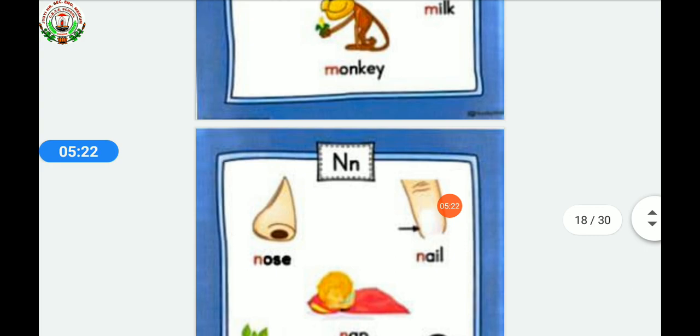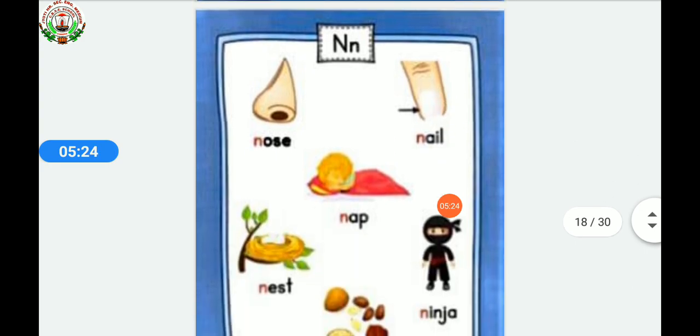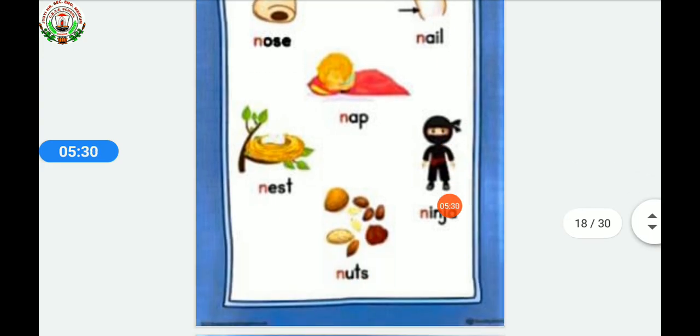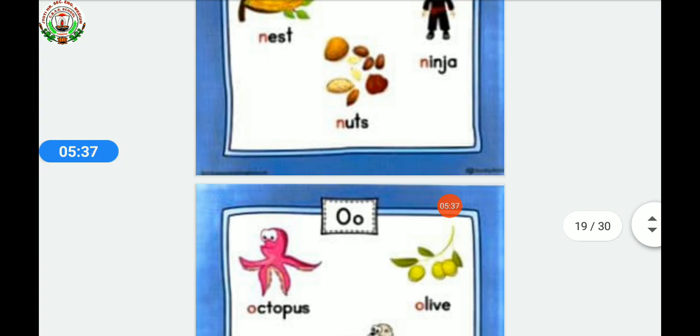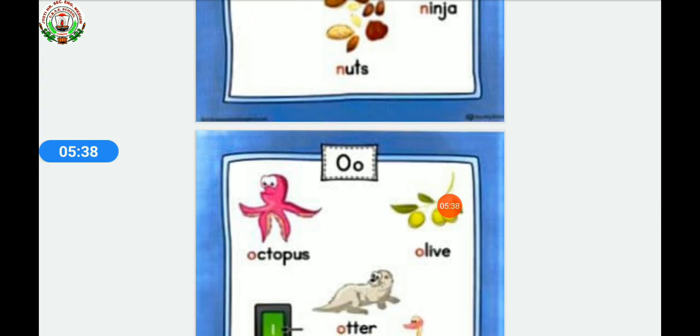Next letter is N. N for nose, N for nail, N for nap, N for nest, N for ninja, and N for nuts.